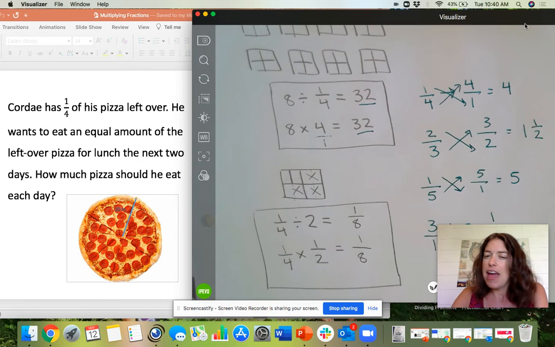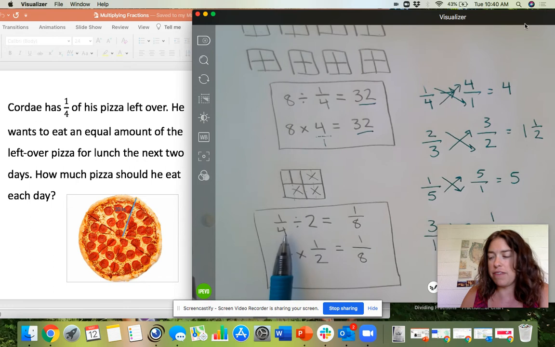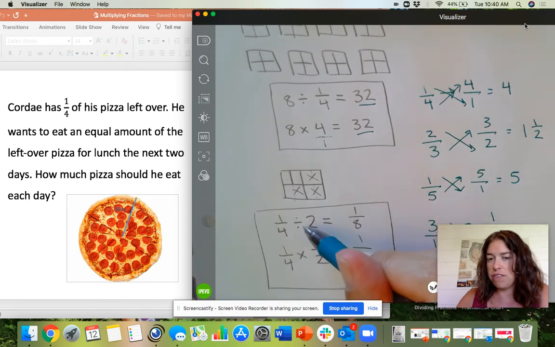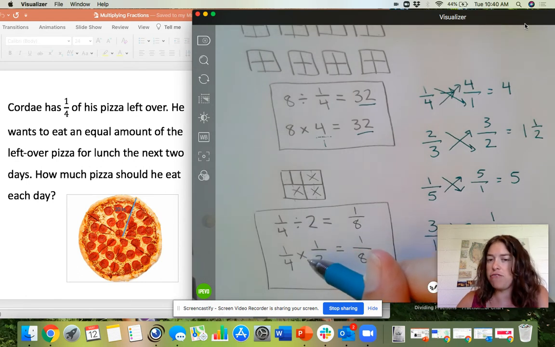But if it helps you to visualize how we inverted the fraction or flipped it over, you could write that in. And then interestingly, when we had 1/4 divided by 2, we figured out that was 1/8. We got the exact same thing as when we did 1/4 times the inverse of 2. We kept the fraction, we changed division into multiplication, and then we took the inverse of 2.